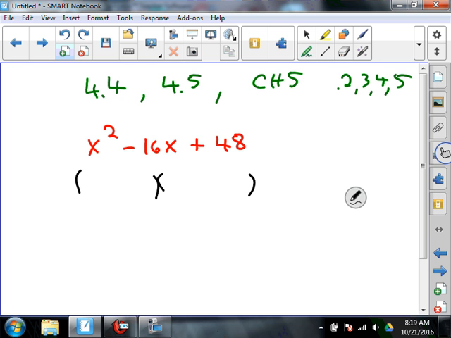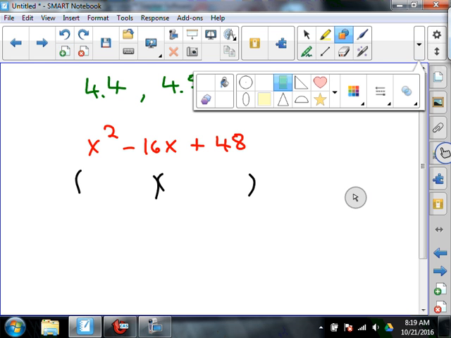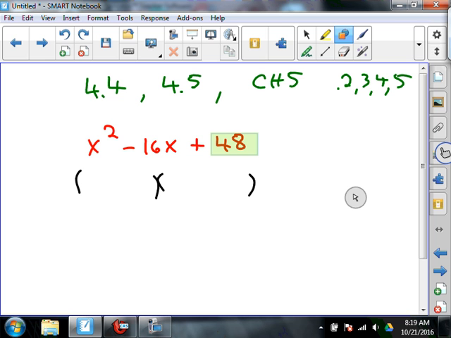So the deal is, to deconstruct this, we need to look at this 48, and we need to find 48's factor pairs. What do you mean 48's factor pairs? Well, 48 is really 1 times 48, and it's 2 times something, which is half of 48. 2 times 24.